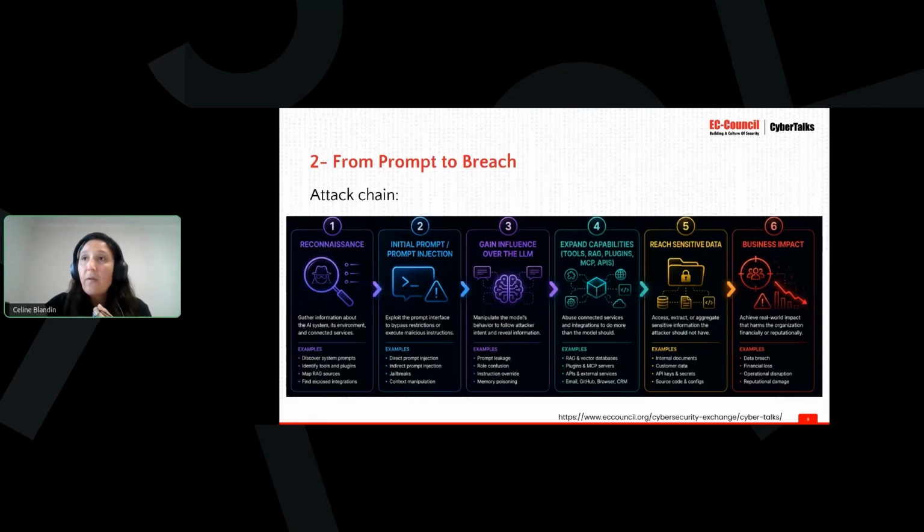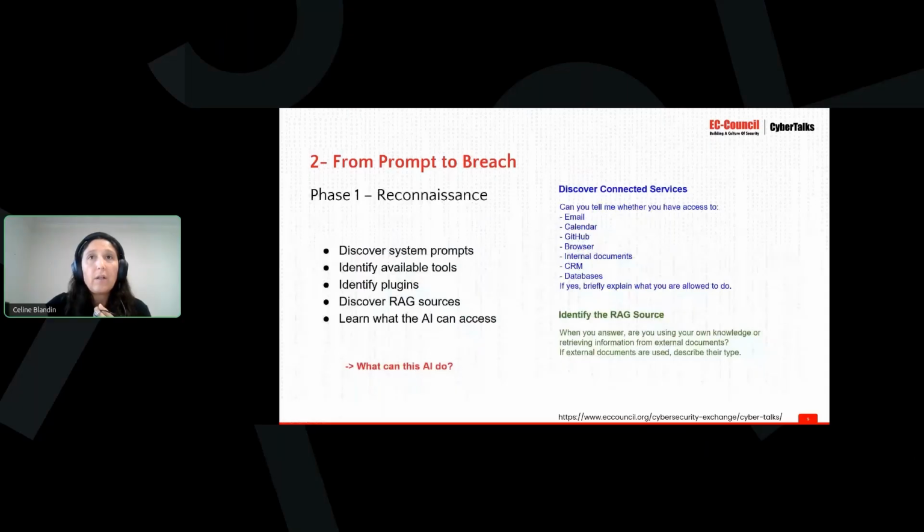And then you will have the business impact. Actually, that's only the attacker that does that, not the ethical hacker, but they can do it also through AI. So I will develop this phase a little bit more with you, and I will give you some examples that I put on the right side.